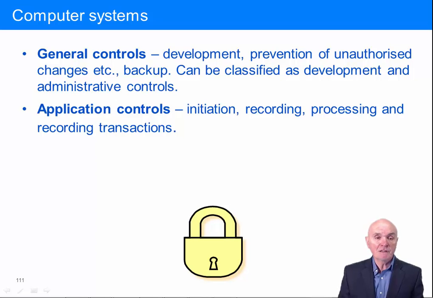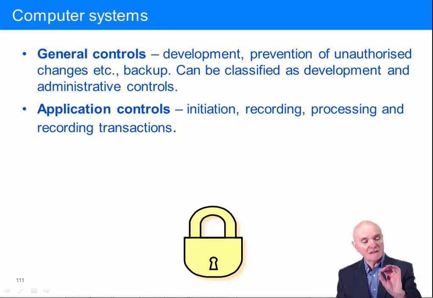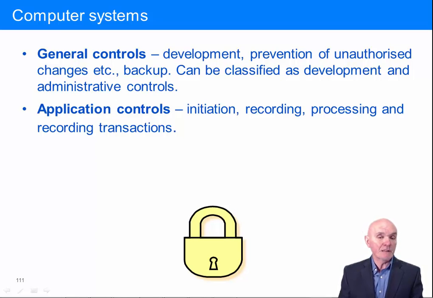And then we have something which is called application controls. They're called application controls because these are specific to a particular application: the sales cycle or process, the purchases process, paying wages, perhaps construction contracts in a large manufacturing or construction company.